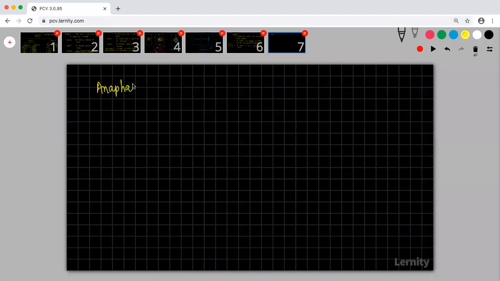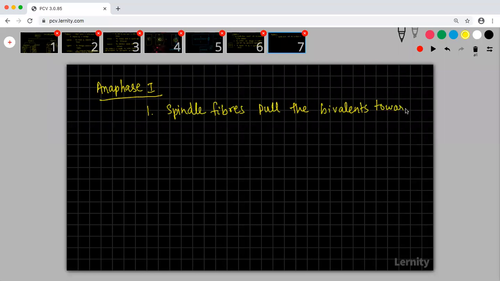Anaphase 1. The chromosomes get separated.